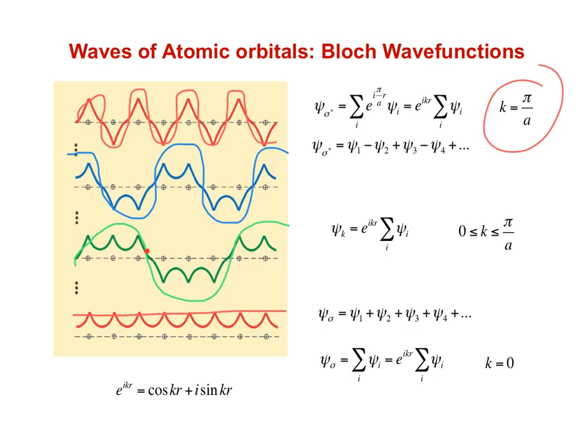The envelope wave also adds some additional energy to the wave function. That comes from the e to the i k r part of the overall wave function. Thus, we expect the energy of all of these wave functions to be similar to the energy of the constituent atomic orbital, plus or minus an energy due to the wave vector of the envelope function.